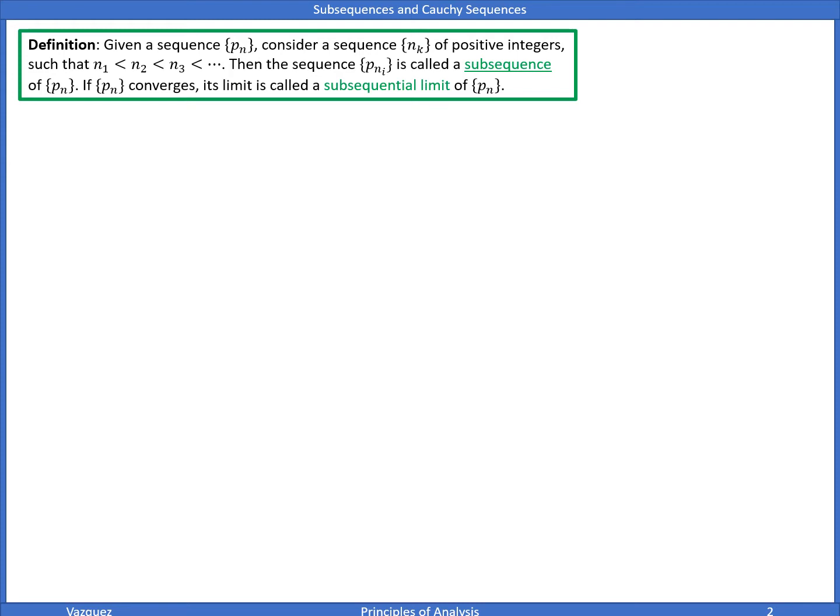Actually, right here, this is supposed to be a little subscript. If P sub n sub i converges, its limit is called a subsequential limit of P sub n.